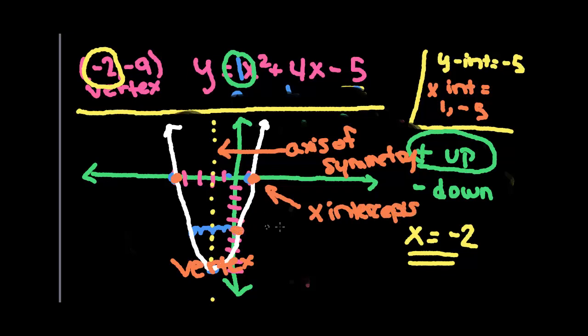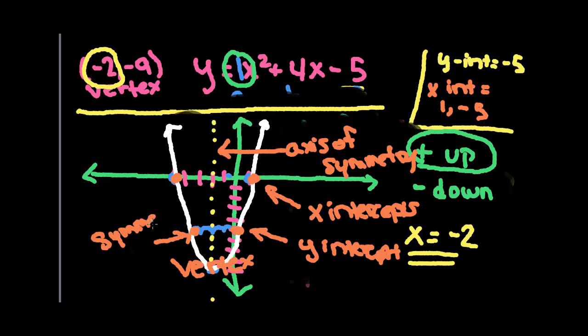This was our y-intercept. This point here was our symmetrical point that we used from the axis of symmetry from the y-intercept to find the point on the other side. And that is a sufficient number of points to be able to graph y equals x squared plus 4x minus 5.